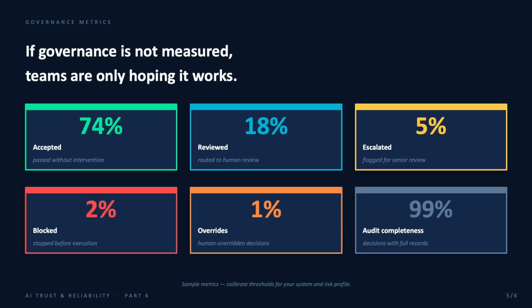The numbers on this slide are sample metrics. The exact threshold depends on the use case and risk profile, but the principle is the same. You cannot improve governance if you cannot observe it. And if you are not learning from production behavior, you are just collecting logs, not improving the system.